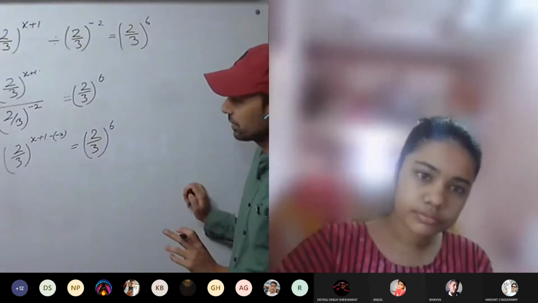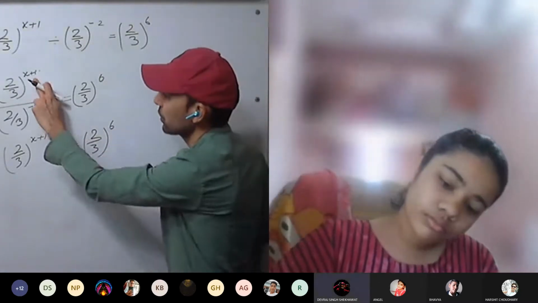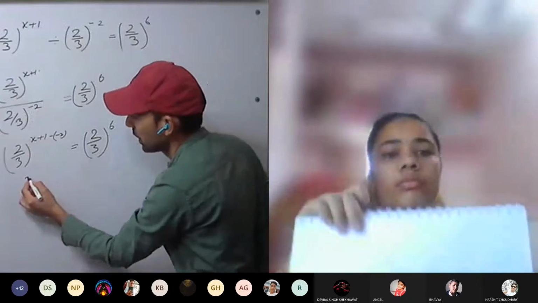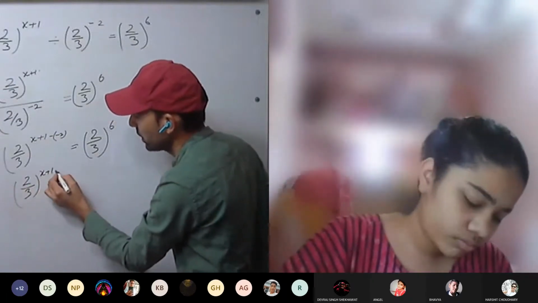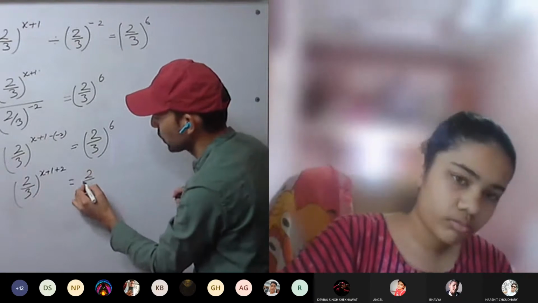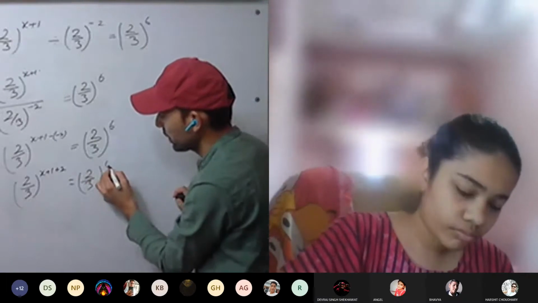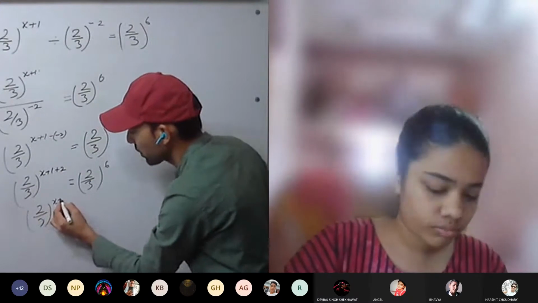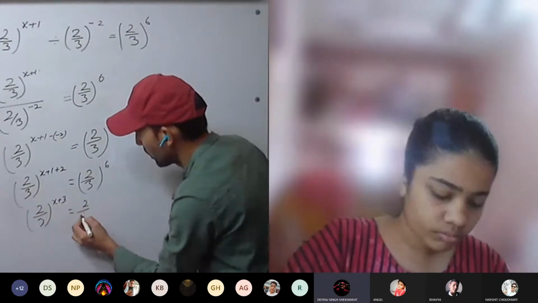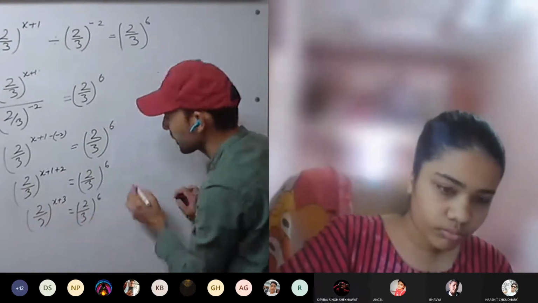Okay, 2 by 3 raised to power x plus 1 minus 2. It will become plus 2 by 3 raised to power 6. This is clear to everyone? x plus 1 minus 2. Next step will be 2 by 3 raised to power x plus 1 plus 2 equal to 2 by 3 raised to power 6. It will be x plus 3 raised to power 6.